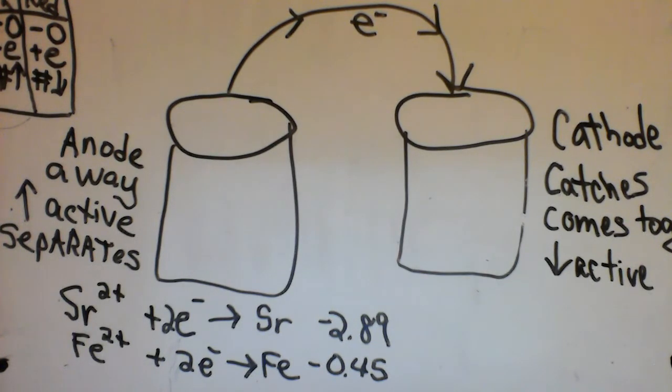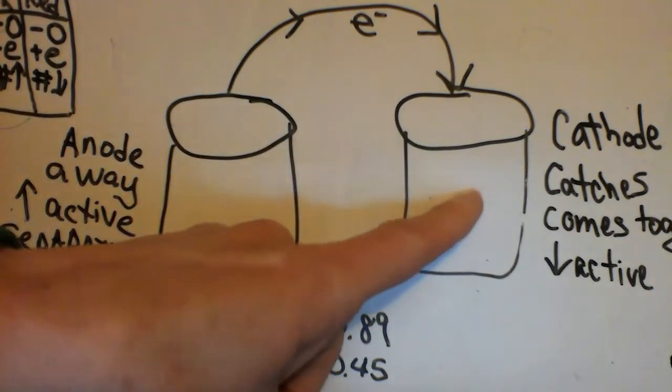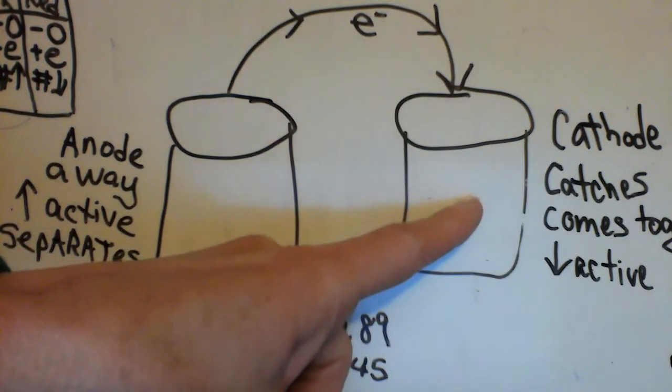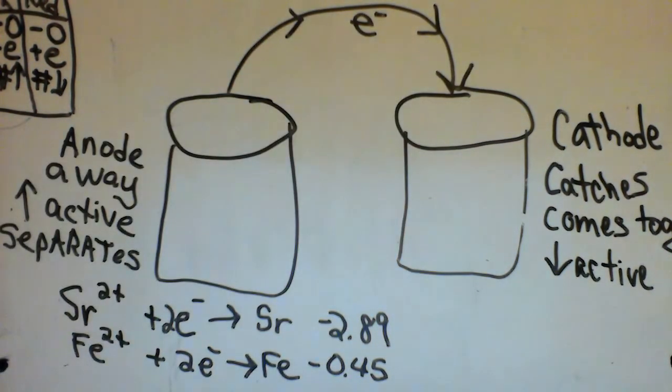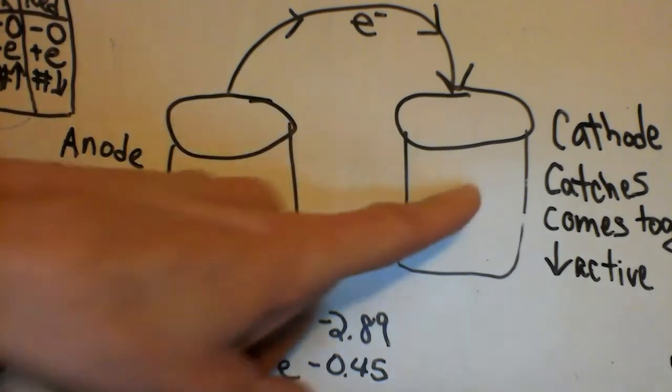So reduction has to be happening on this side where the electrons are being added into the beaker. So iron is the one that is closer to a positive number, so it's more positive. And that means this is the one that is going to be reduced. So we're going to put this equation into this beaker.